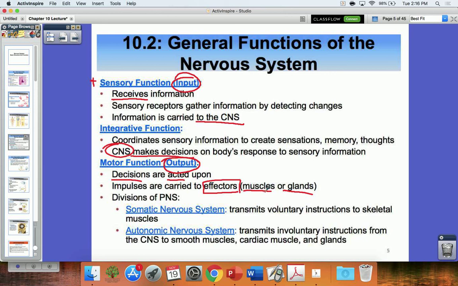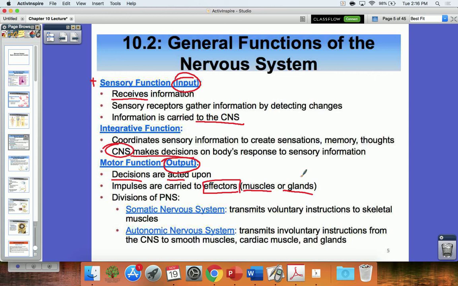It may take that message to a gland, specifically the sweat glands, to inactivate them. Or if it's hot outside, again, that information is processed, then it takes that information to an effector, specifically the sweat gland, so that it can activate them and we sweat so that we can cool off.